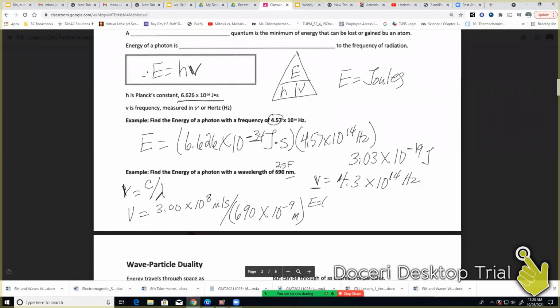So my energy is going to be my Planck's constant again, 6.626 times 10 to the negative 34. And I'm going to multiply that by my frequency. So it's still going to be a pretty small number, but not as small as 10 to the negative 34.